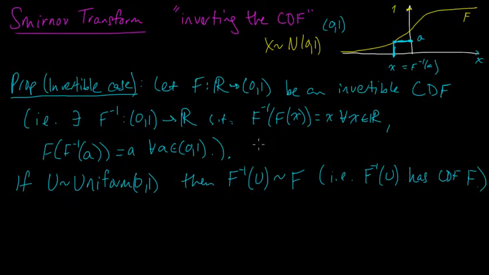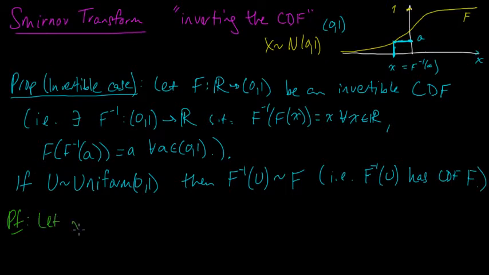One of the things which is a little bit strange, and I think causes some confusion, is that sometimes people define F inverse, even when F is not invertible, to be the generalized inverse, and that can be confusing. But here it is actually the inverse, at least in this case.